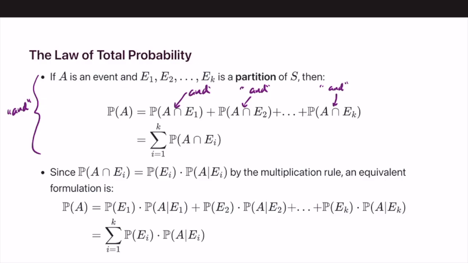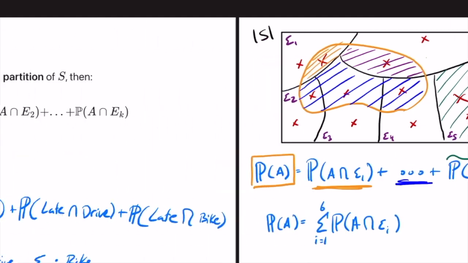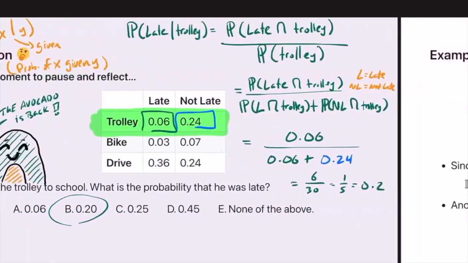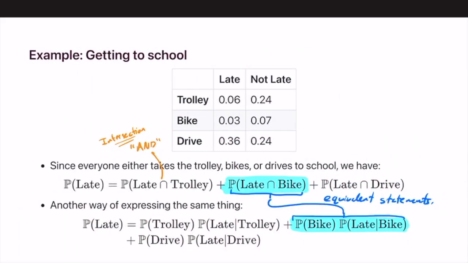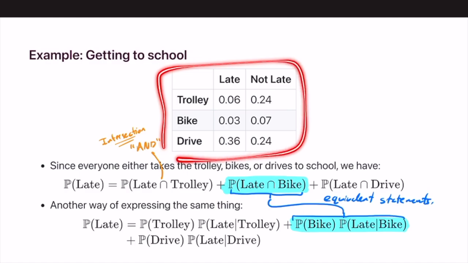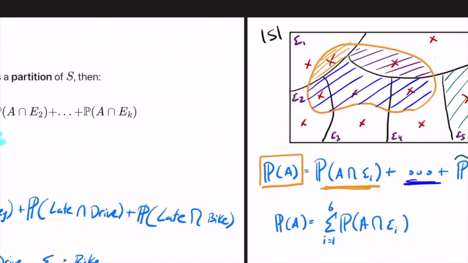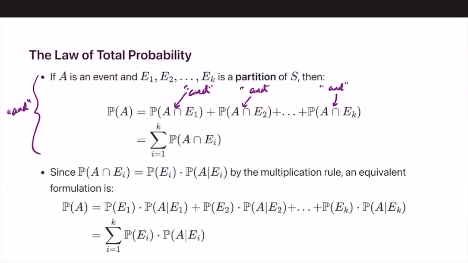But this assumes that we know a lot of information. In order to actually use this to frame the problem with this type of expression, we need to have something like this here. We don't often have this type of perfect information. So we need to be able to reframe this in terms of what's called conditional probabilities.